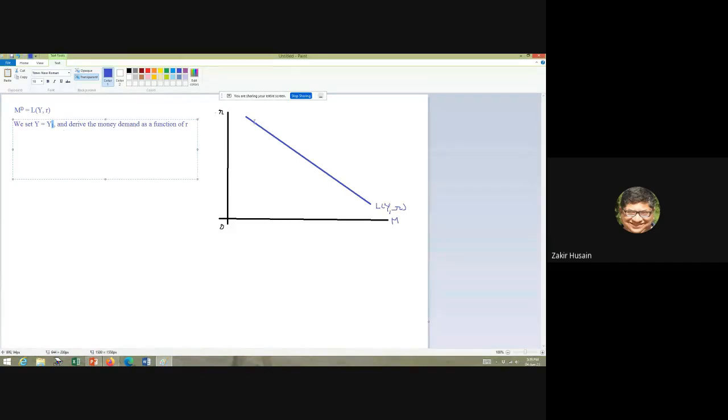So over here, money demand is a function of the rate of interest, and we have set y equal to y1. It's not very clear, but I hope you can understand. If you take a different value of income y, we will have a different liquidity or money demand curve.